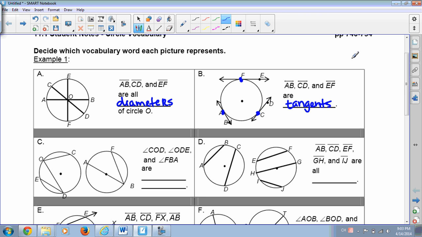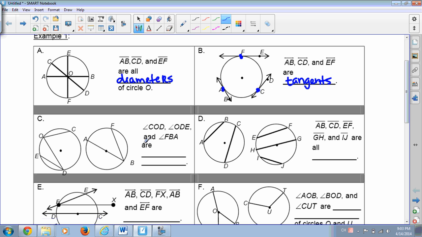Tangents. Okay. Letter C involves angles. So we have angle COD. Notice the vertex is on the edge of the circle. And then we have angle ODE. The vertex D is on the edge of the circle. And then we have angle FBA.